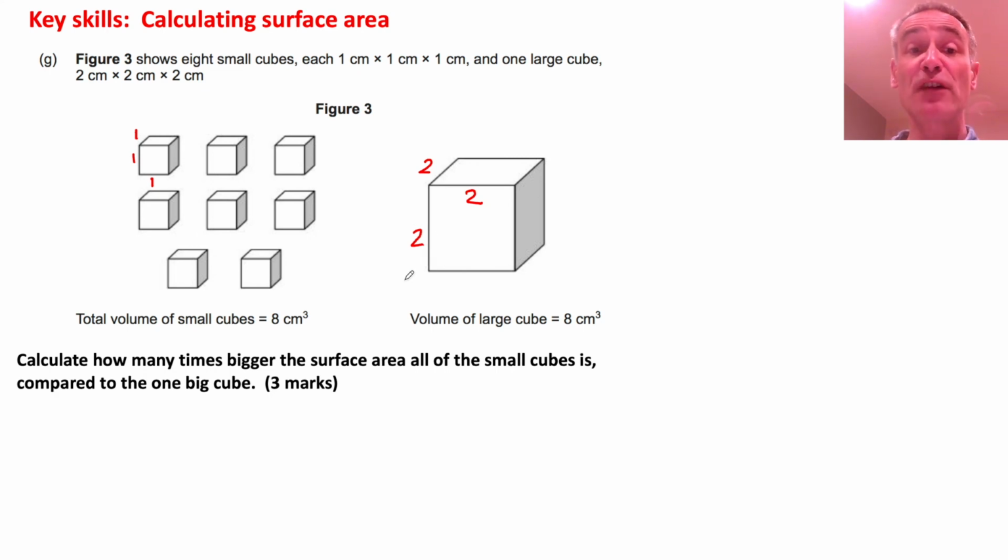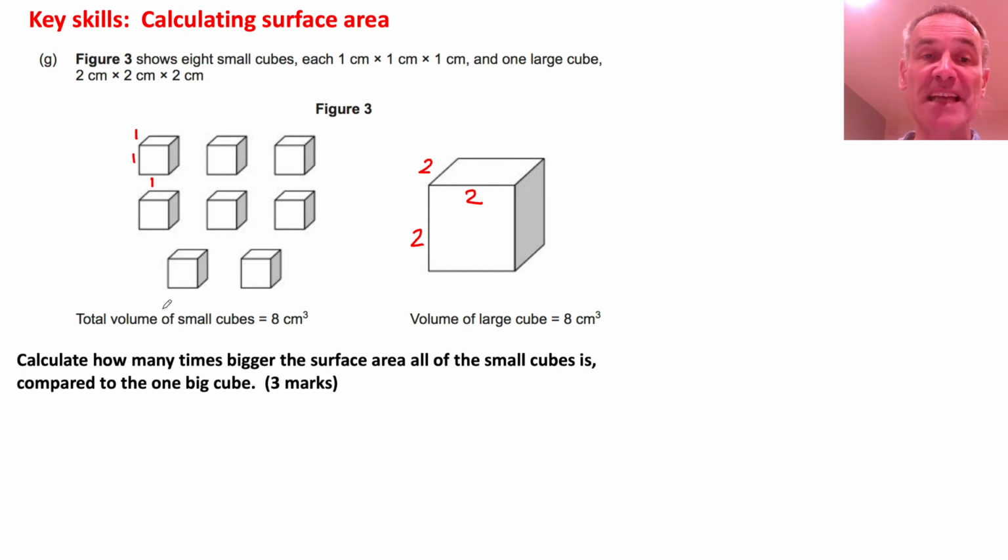It gives you the total volume of the small cubes together as 8 centimetres cubed, and the volume of the one cube is 8 centimetres cubed. So they have the same volume. So you could have cut up this cube into 8 equal cubes. And of course we know that this surface area would be larger, so it would increase things like the rate of reaction.